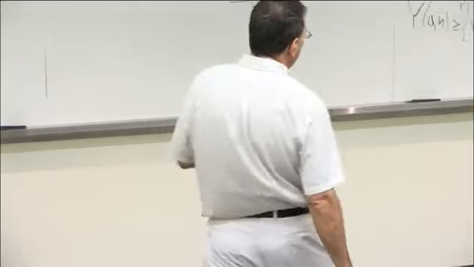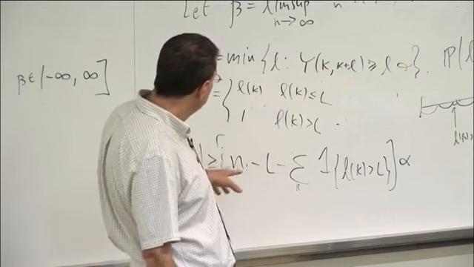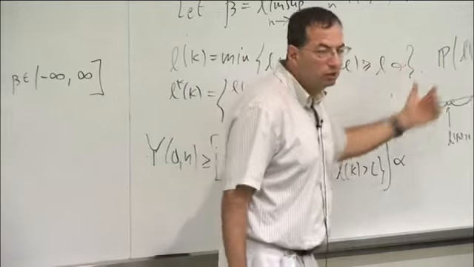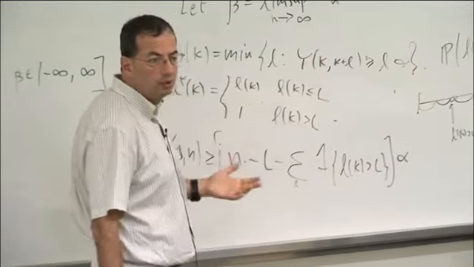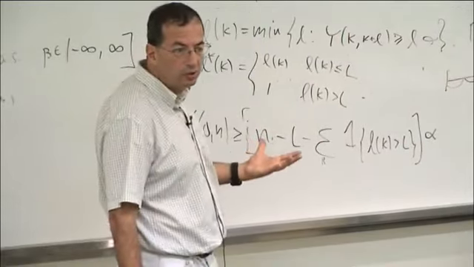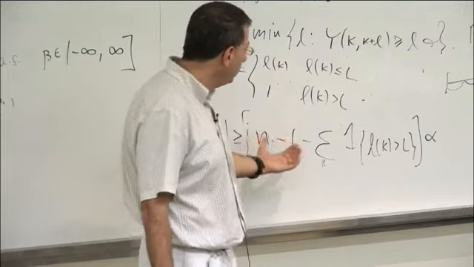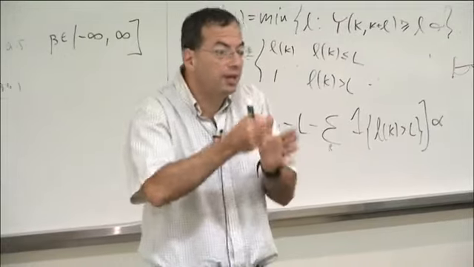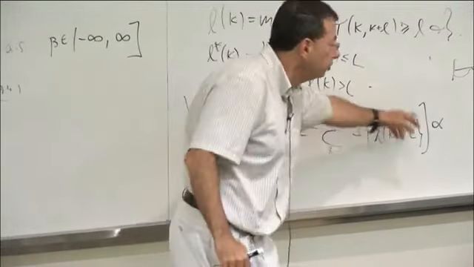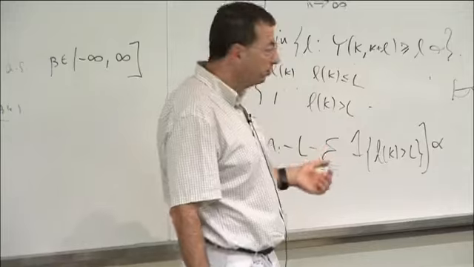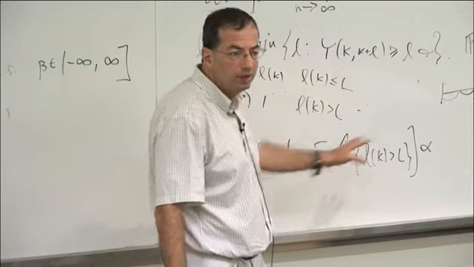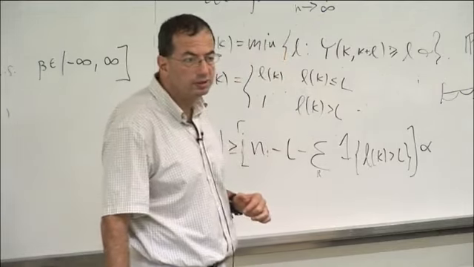This is just a combinatorial pointwise inequality that says we gain alpha times the length of the good intervals, and we lose. But what is the total length of the good intervals? It's at least n minus L minus the number of the bad singletons. Every time we see a bad singleton, we go to the next. Maybe that's another bad singleton, but then it will just enter into this sum. So the total length of the good intervals is at least what's written in the parentheses here, and then from them, we get this times alpha.